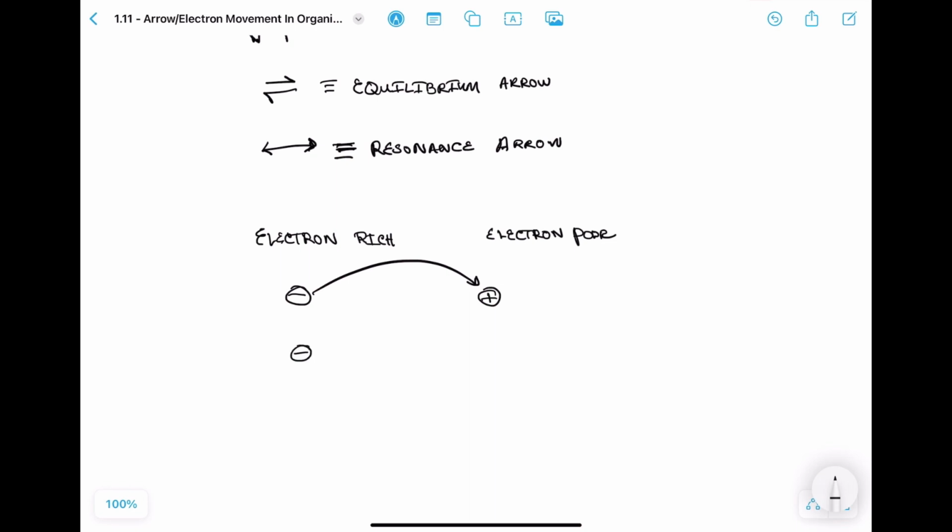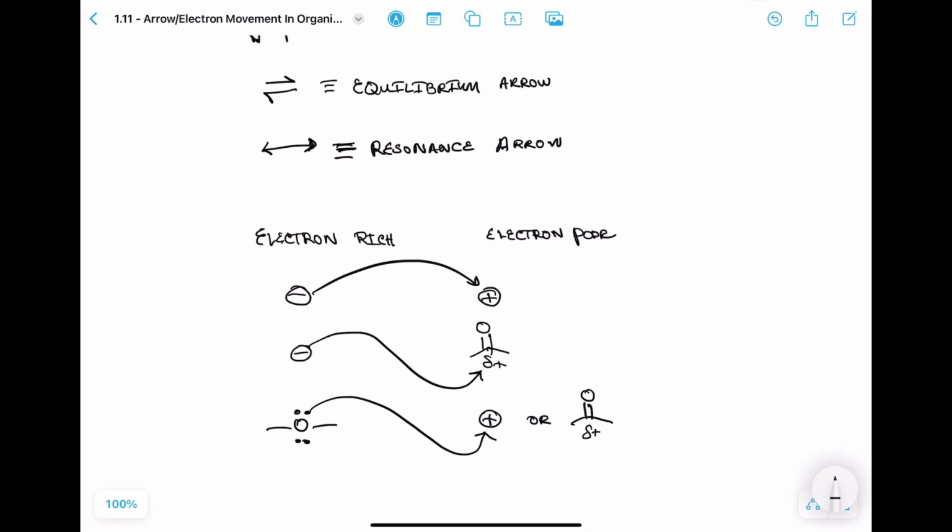It could be a negative charge over to a partial positive center. It can also be a lone pair over to either a positive charge or a partially positive center. So it can move here or essentially there.